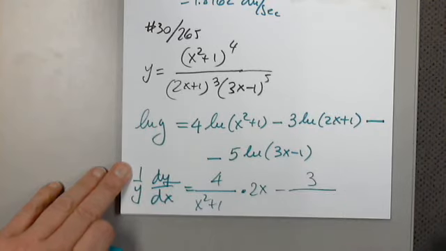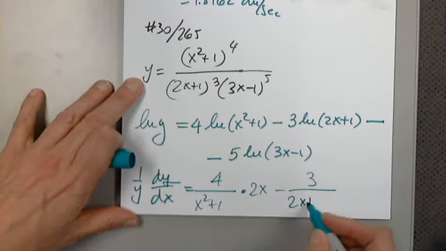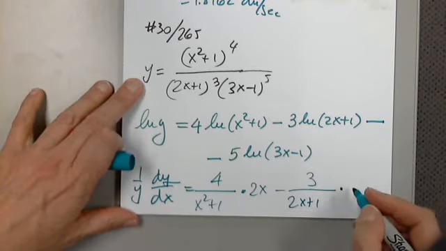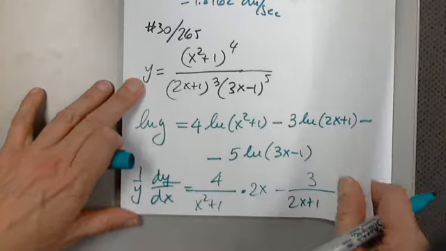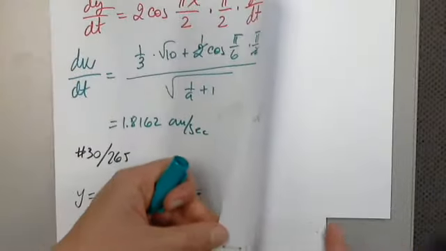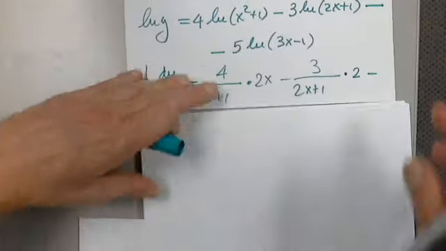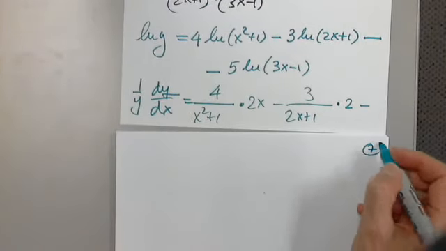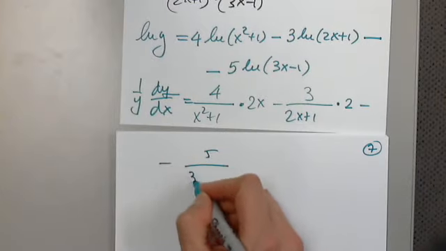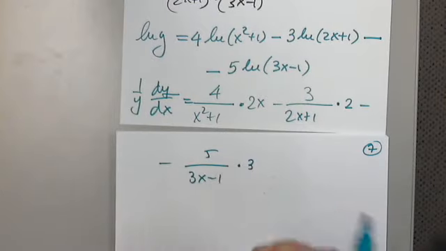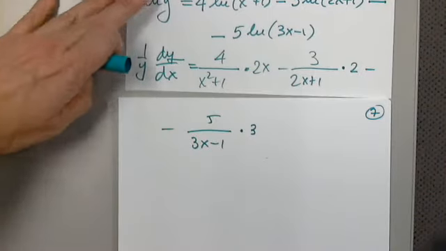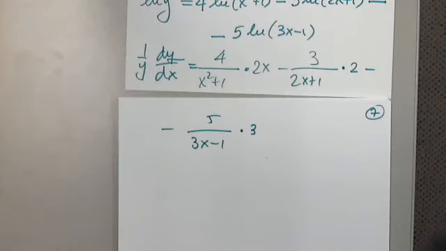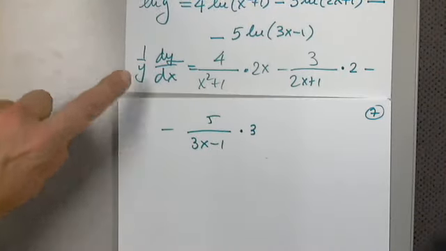Minus 3 over 2x plus 1 multiplied by 2. Very good. Minus, surprise, surprise, I'm running out of room. I always do. Minus 5 over 3x minus 1 times 3. I will not do anything else, just rearrange it a little bit and multiply by y.